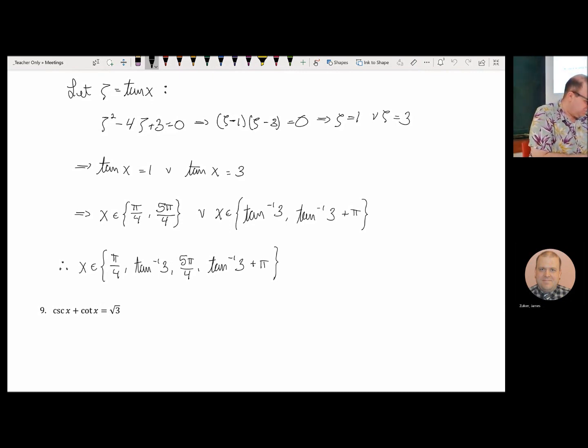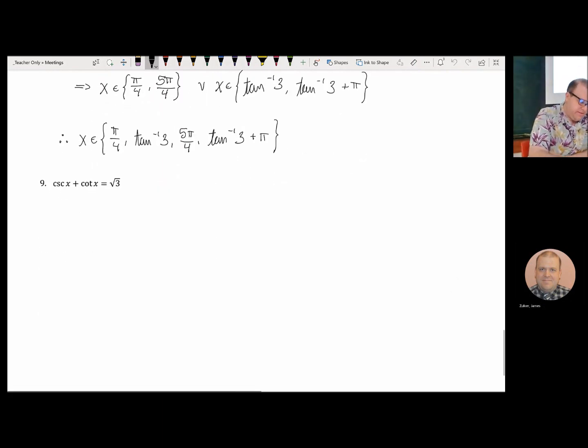Cosecant x plus cotangent x equals √3. Sine plus cosine or something.